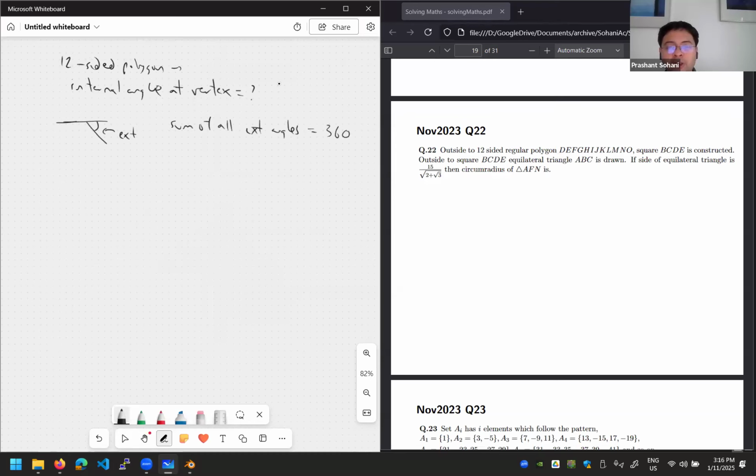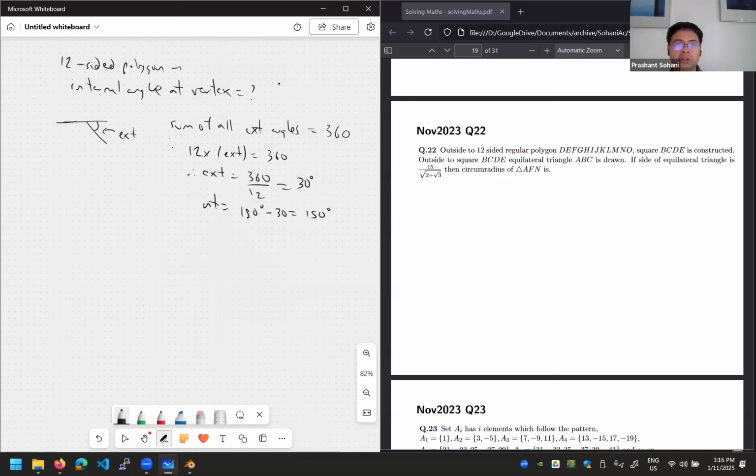This is a standard property of any polygon. Therefore, with 12 sides, 12 times the external angle is 360, so the external angle is simply 30 degrees. And if the external angle is 30, then the internal angle will be its supplement, so it is 150 degrees.